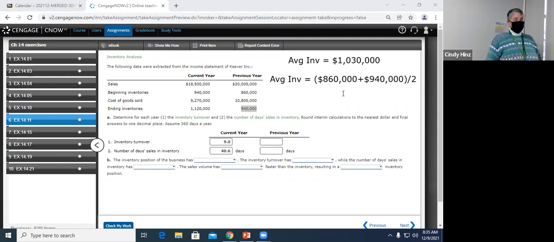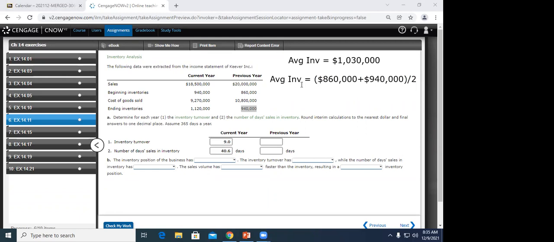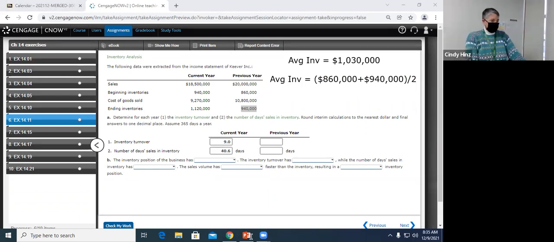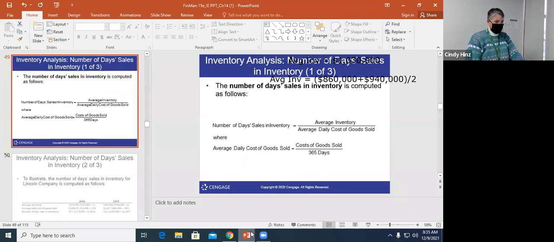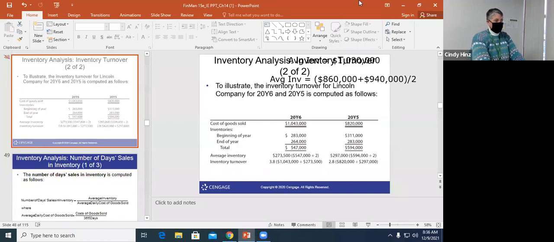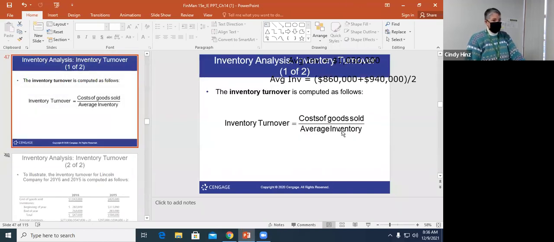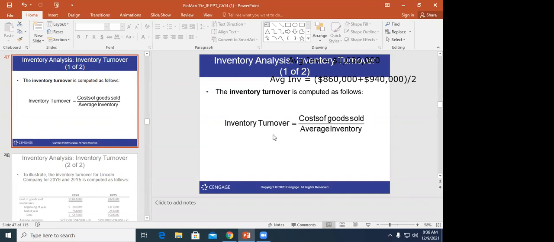That number, the calculation I just put on the screen up here at the top, is just the average inventory. If I go back here, there's our calculation: cost of goods sold divided by average inventory. So we needed this average inventory number before we can calculate inventory turnover. Okay, thank you. You're welcome.